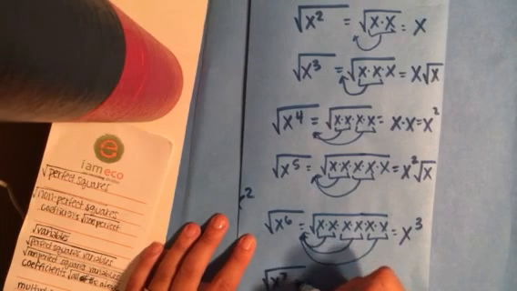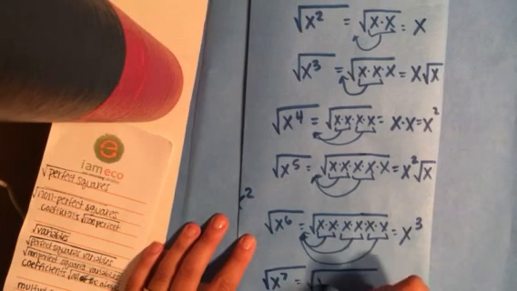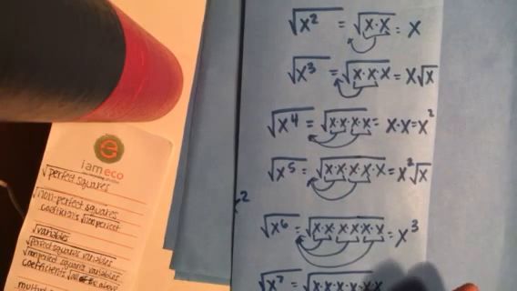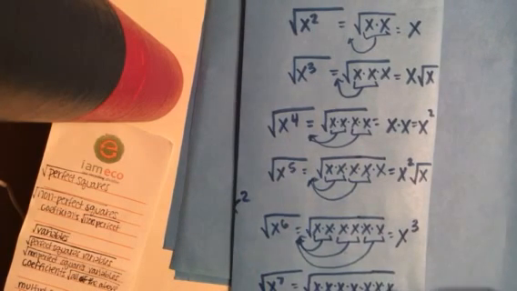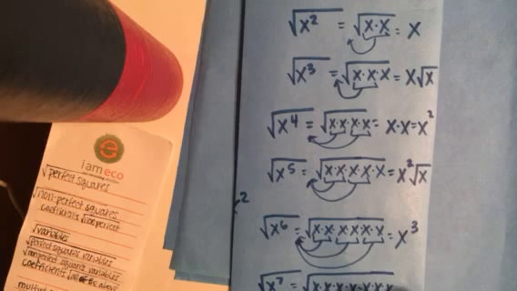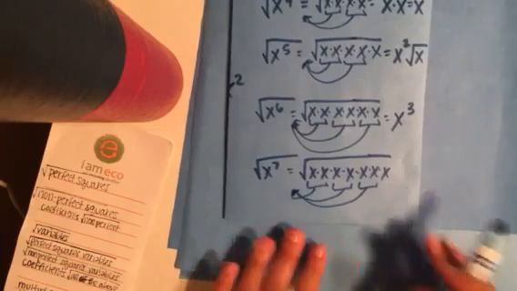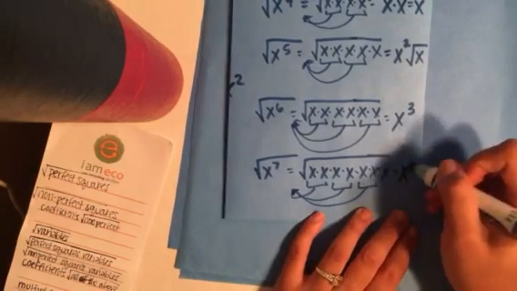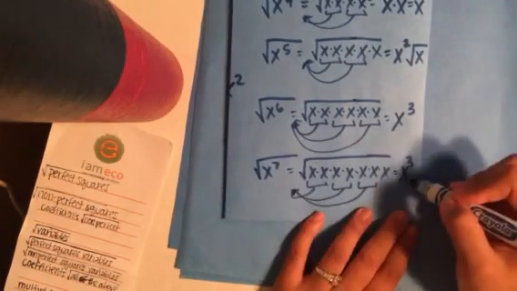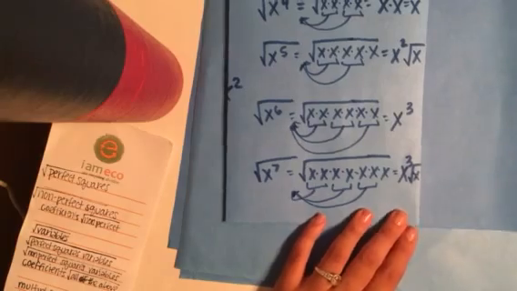So let's do x to the 7th, and then we can look for that pattern. That's 4, 5, 6, 7. Okay, and we see 1, 2, 3 pairs. Sort of like the last time, but now we're left with an x. So we have x cubed because we pulled out 3 pairs, and then 1 x left under the radical.